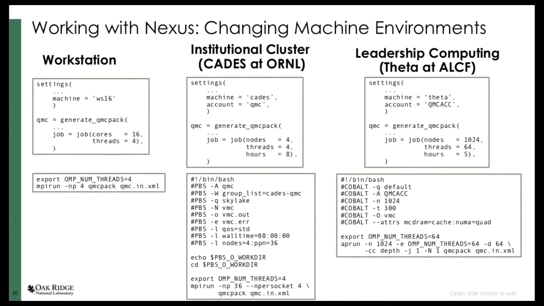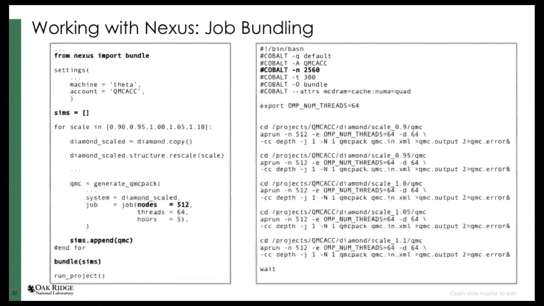Okay. One final capability that I'll note that's probably going to be useful in these kinds of environments is job bundling. So you can bundle together a bunch of different calculations at once to have it submit as a single submission. So what does that look like? So on Theta, for example, you just import this additional bundling function.